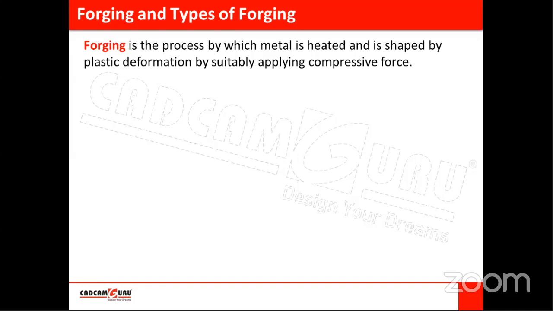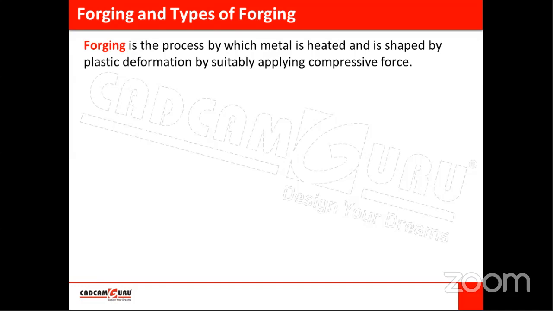So metal is heated up to recrystallization temperature, and then by applying some force, we are changing its shape by plastic deformation. This is the technical engineering definition. But the same thing is done by a blacksmith, a lohar. I think you might have seen that process.